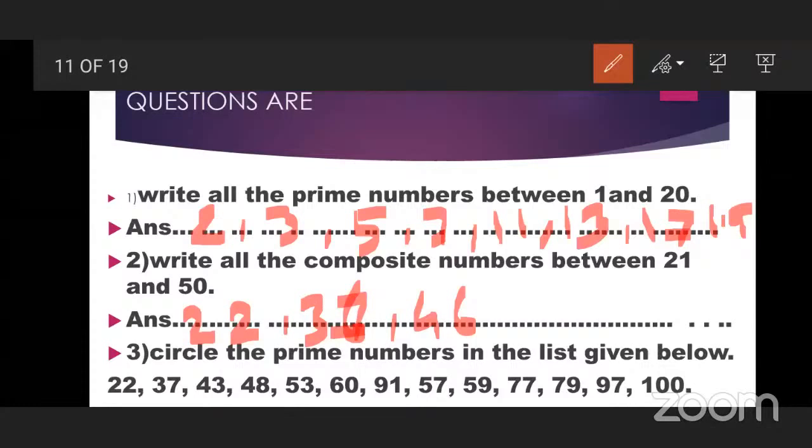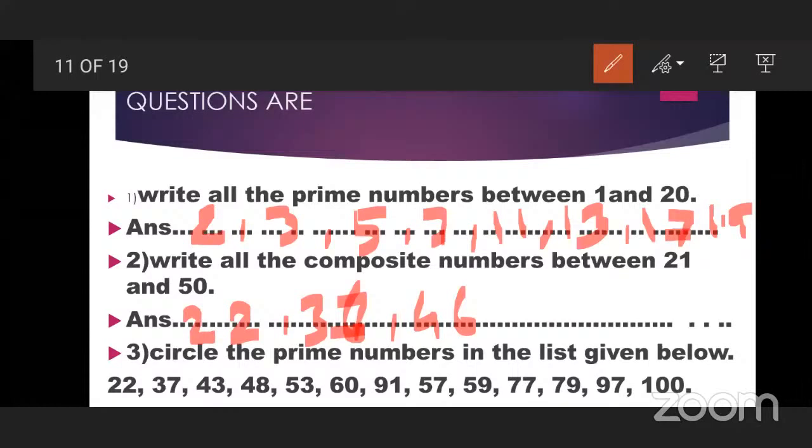So 22, then 24, then 26. These are the numbers. 26 has more than two factors; when we divide, we get many factors. 22, 24, 26, then 28. These are composite numbers, because when we factorize them we get more factors. So we know that numbers with more than two factors are called composite numbers.